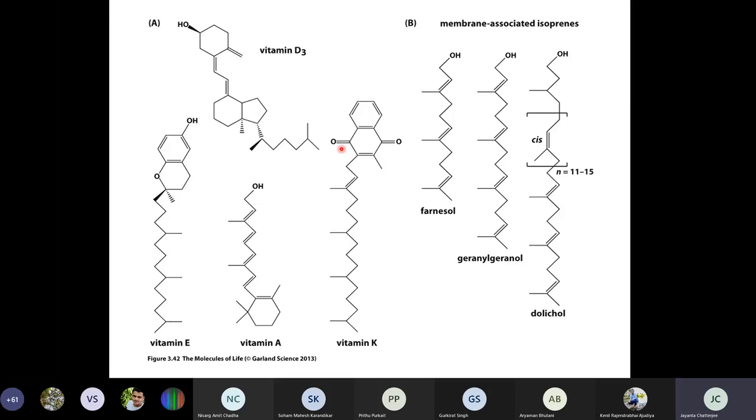No, I mean in general, not this CAAX motif, but because you've included vitamins in this slide, I thought both of them can be used for protein modifications, which would cause the proteins to shuttle between the membrane and the cytosol. Yes, I understand your question. I am not aware.